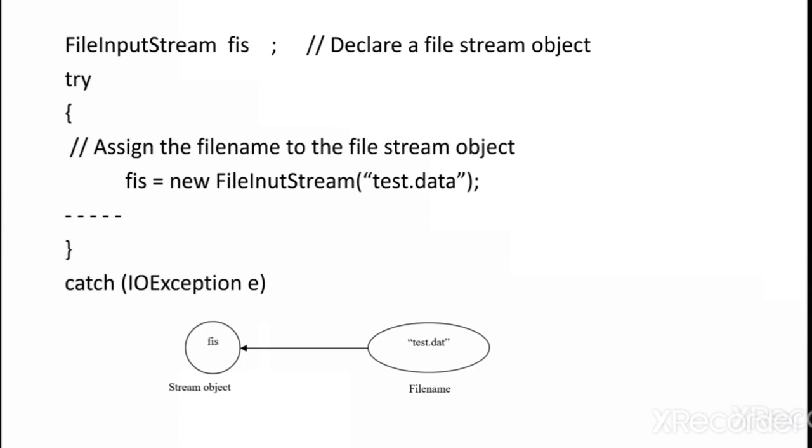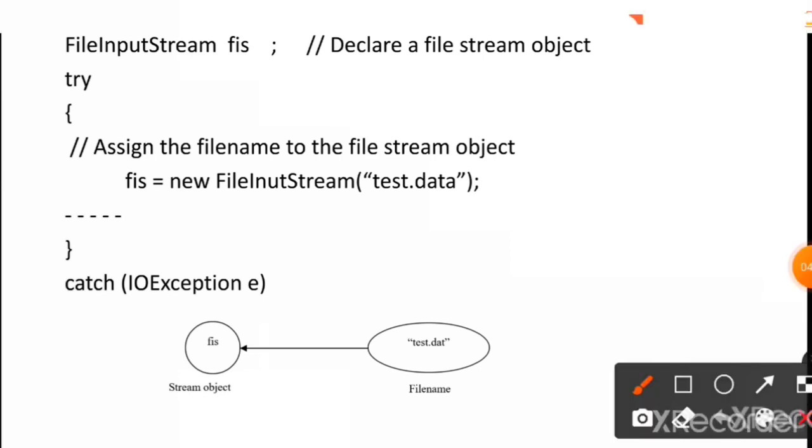The following code segment illustrates the use of the direct approach, where we are linking the file directly. Here I'm creating an object of the input stream class, that is FileInputStream, followed by the object name, that is the declaration of the file stream object.